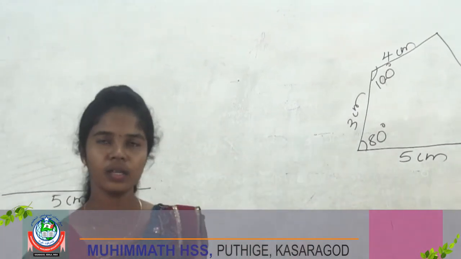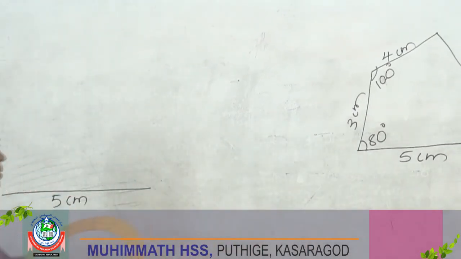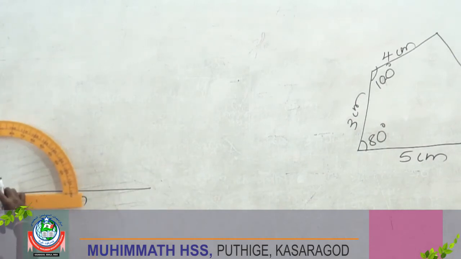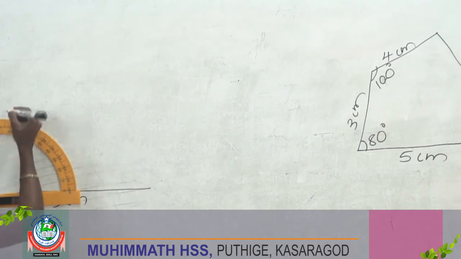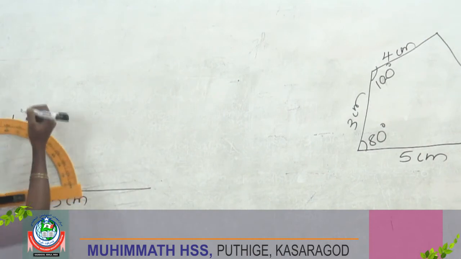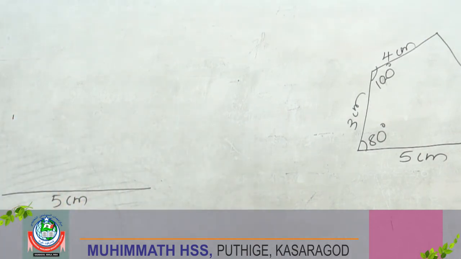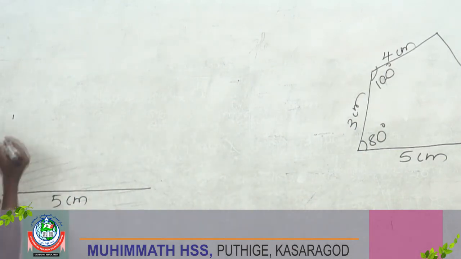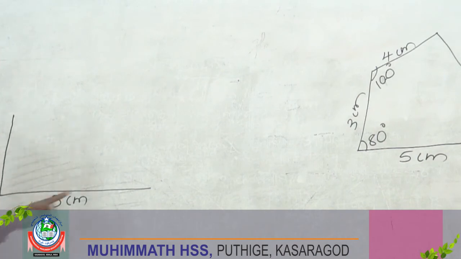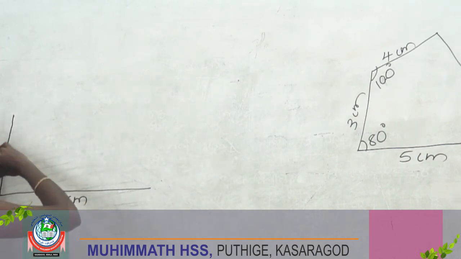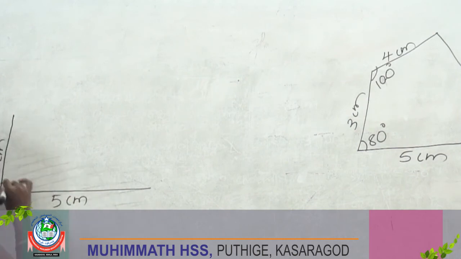So by using protractor, place your protractor in the first vertex, angle is 80 degree, and join the line, and the length of this line is 3 centimeter. This angle is 80 degree.